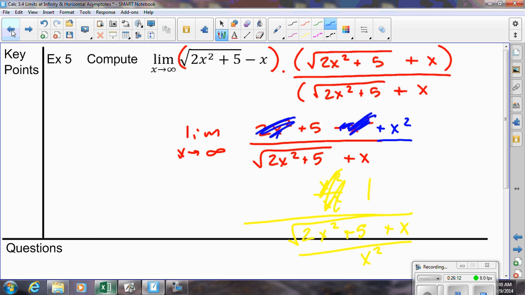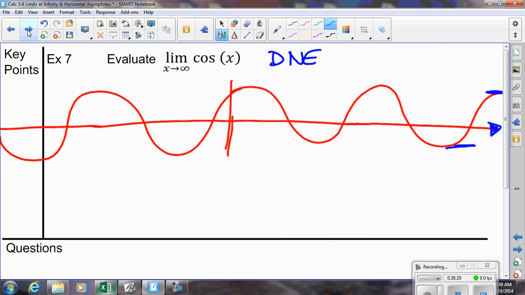Our previous one, when we said this particular one went upward to infinity, will not have a horizontal asymptote. Same thing here. Does cosine of x have a horizontal asymptote? Since it does not have a horizontal asymptote, we cannot have this limit exist.